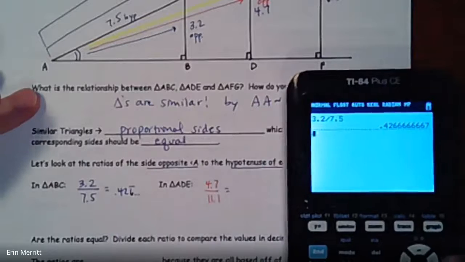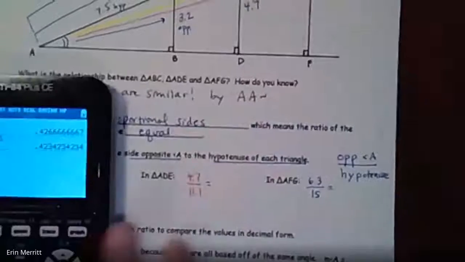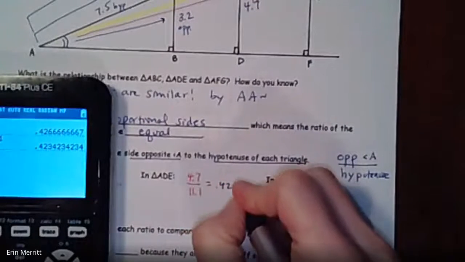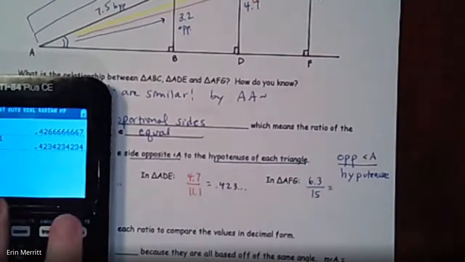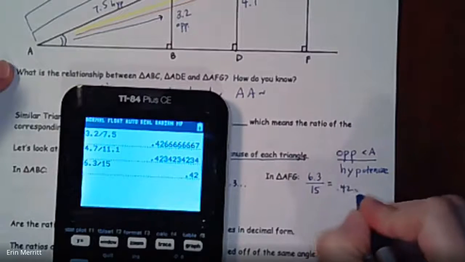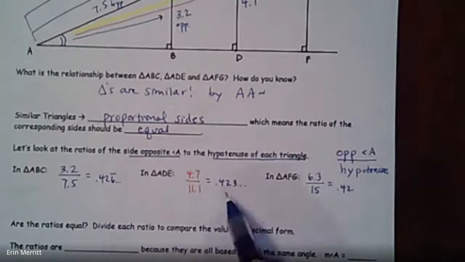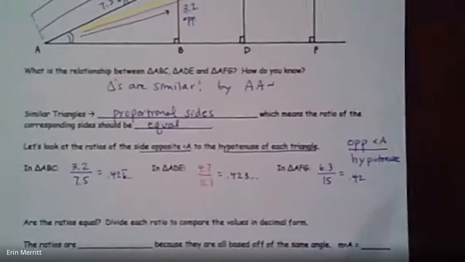Let's see what the next one came out to be. 4.7 divided by 11.1, 0.423, and it keeps going, and so on and so forth. The last one, 6.3 divided by 15, I get 0.42 exactly. So if I look to at least about 2 decimal places, those are pretty accurate.